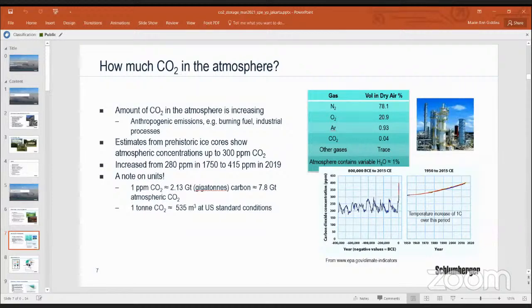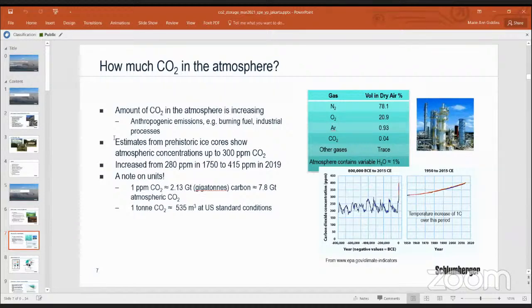So if we look to history, prehistoric ice cores can be analysed to estimate the atmospheric concentration of CO2 when they were exposed to the atmosphere, and they actually show up to 300 parts per million of CO2 in variable amounts over history. Since 1750, when we entered what you might call the industrial age, the amount of CO2 in the atmosphere has increased from about 280 parts per million to 415.